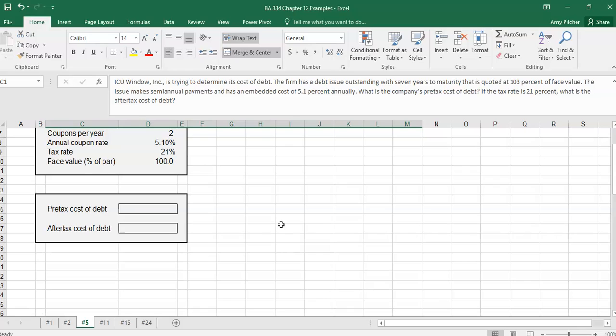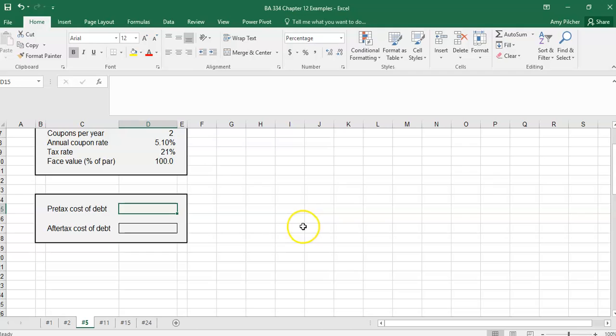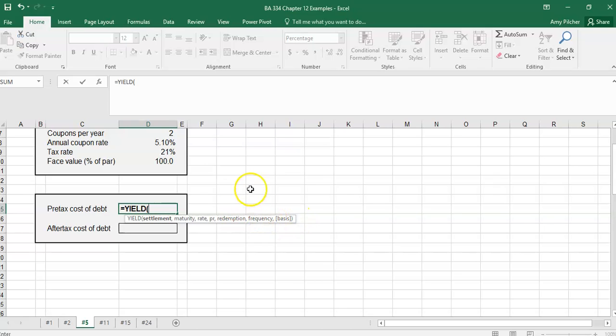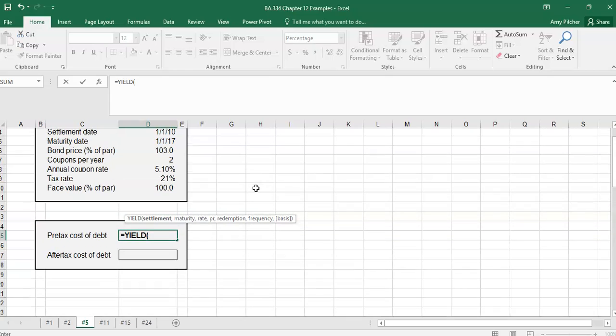If you remember from the lecture and the textbook reading, the pre-tax cost of debt is the yield to maturity on their current outstanding bonds. So for the pre-tax cost of debt, we use the yield formula, just like in chapter 6, when we were calculating bonds. We're looking for the yield to maturity on their bond issue.